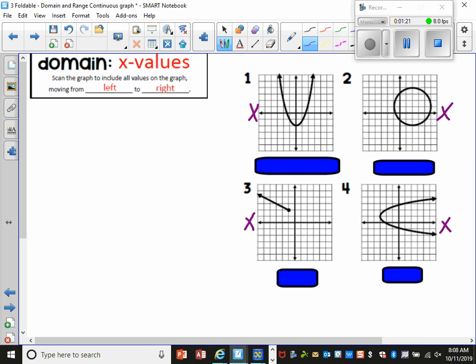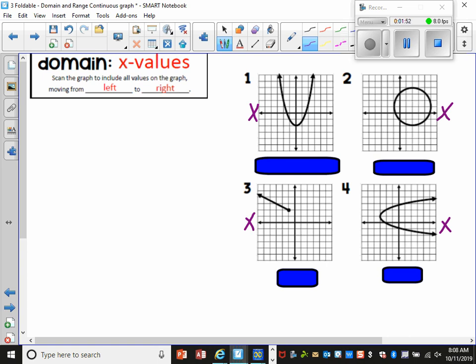There's no way possible that you could list every single coordinate on that graph, because coordinates are not just integers and whole numbers. You can have halves and fourths and everything. So when we are listing a domain for these types of problems, we have to put them in set builder notation. That means we have to look at them and give a range of what's going on.